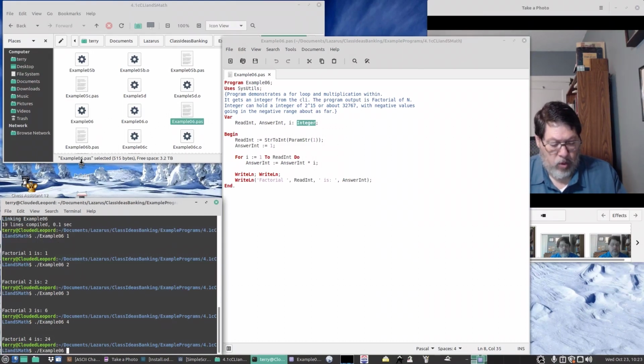And 5 is 120. And if you go up to 7, that's 5,040. And if you multiply 8 times 5,040, you know it's going to be more than 30-some thousand.